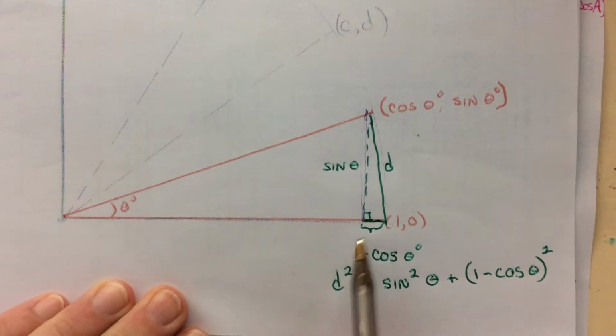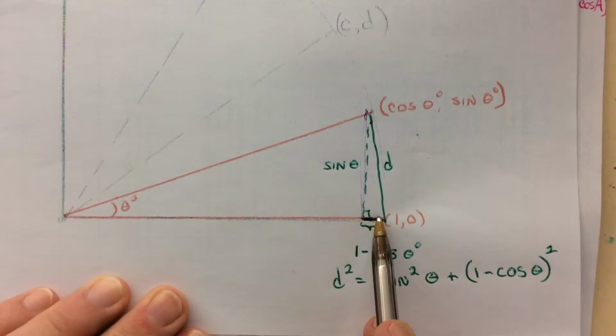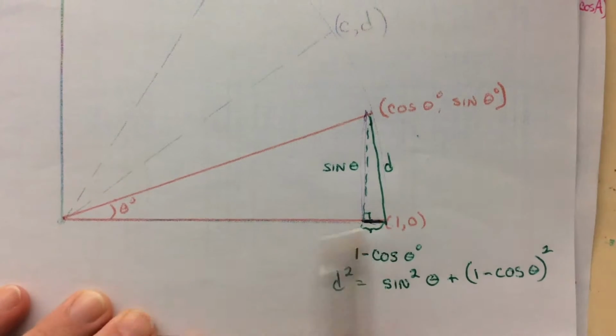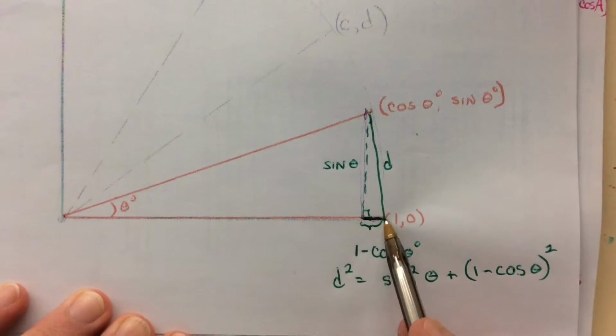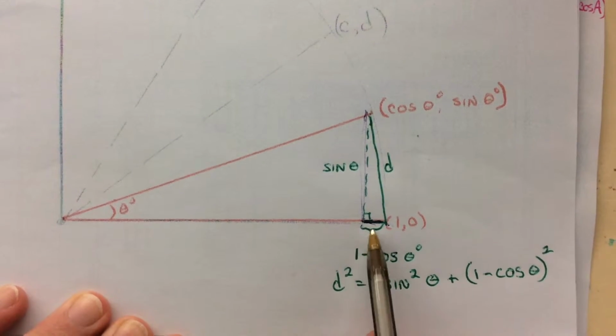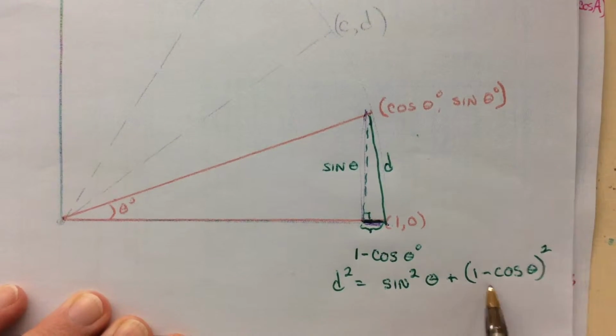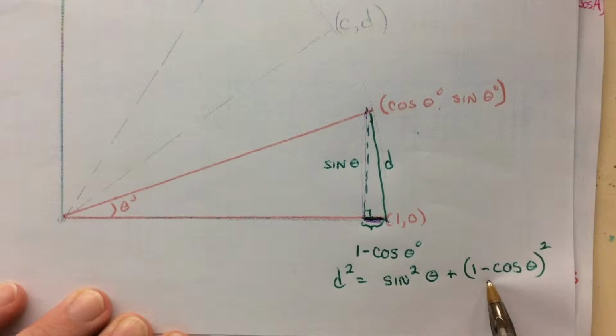And this distance right here, from here to here, is cosine of theta. From here to here is 1. So this distance right here is 1 minus cosine theta.